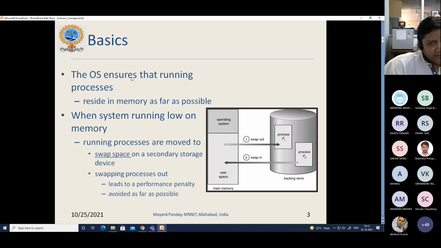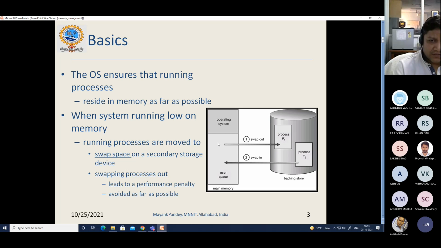The operating system will ensure that running processes reside in memory as far as possible, but this is not always possible. When your system runs low on memory, a running process may have to be moved back to the hard disk, swapped out to the hard disk. A swapped out process would be blocked but in a suspended state.